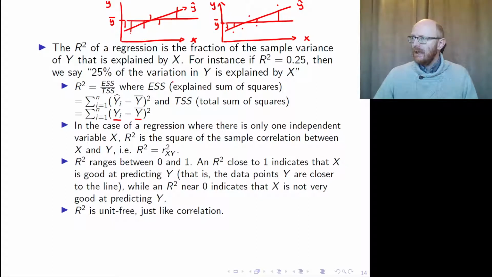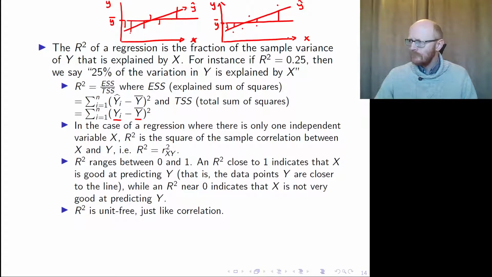And immediately you notice that if the regression line was horizontal, that would mean that no matter which value of x you look at, the slope would be 0, and the estimated y would just be the average of y.